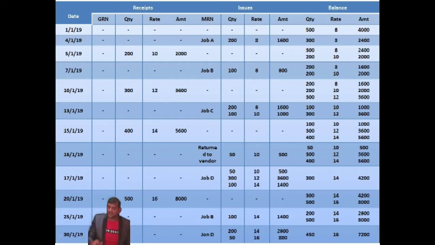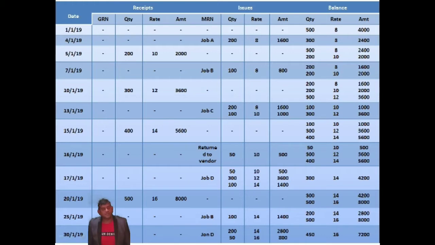At last the balance column will have three sub columns: quantity, rate and amount. So now this table is ready. Let us start the solution part of this problem.